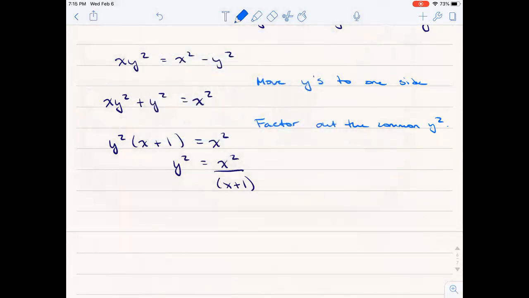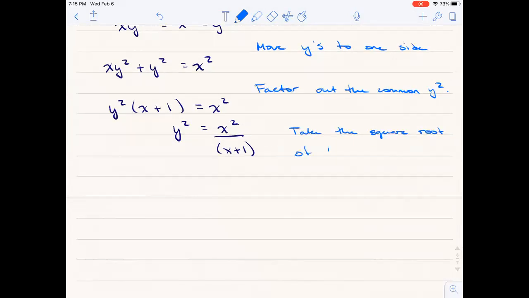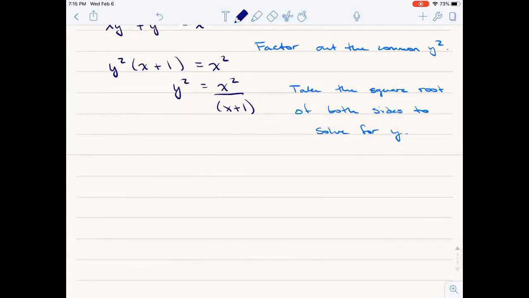So here, I'm going to say, take the square root of both sides to solve for y. So what I get is y is the square root of x squared over x plus 1.